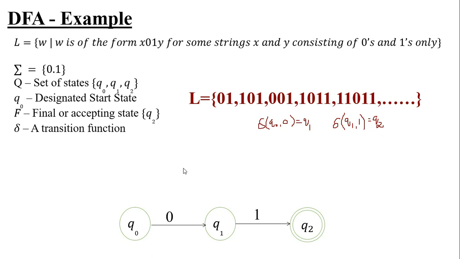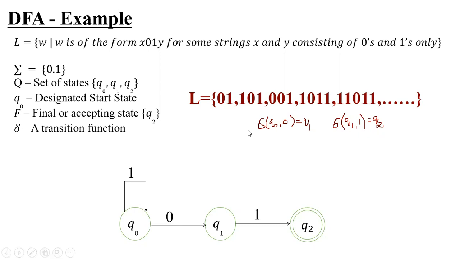So for this, we have to make a loop on Q naught. This will handle the case where the string starts with 1. This loop indicates a closure. Closure means that this loop may execute or may not execute. If it does not execute, we skip this loop and start with the 0.